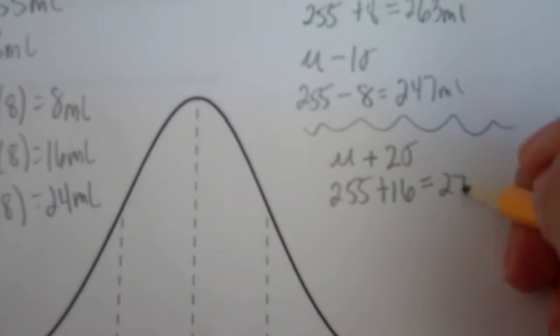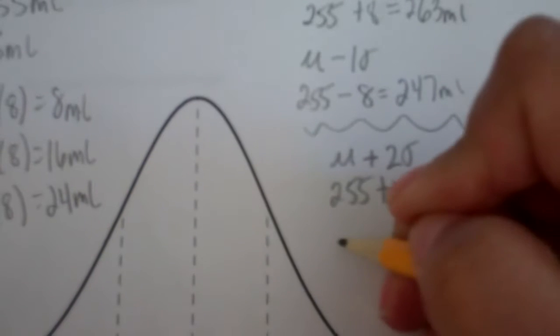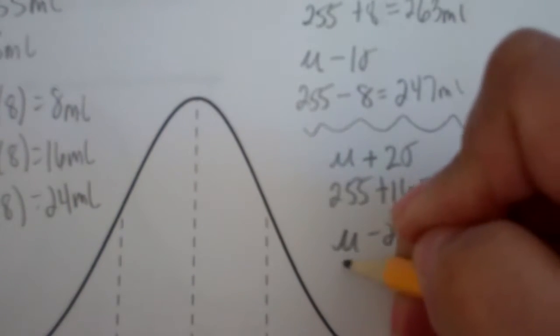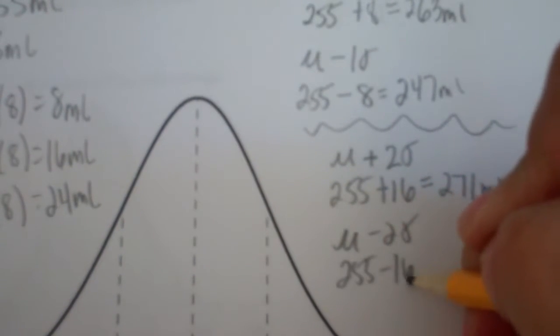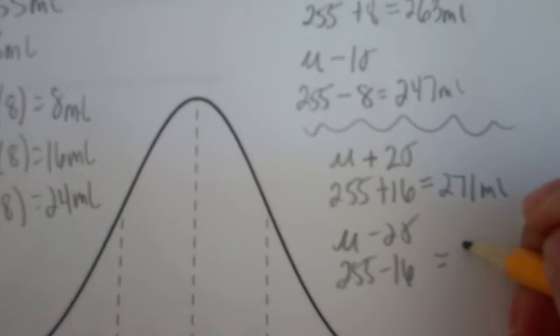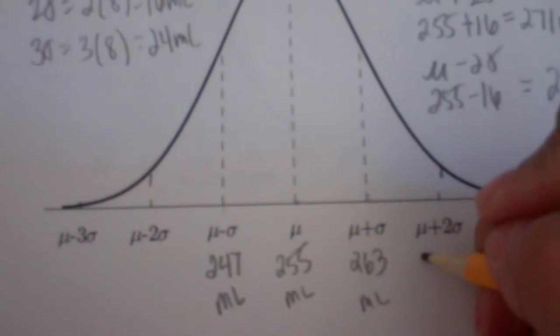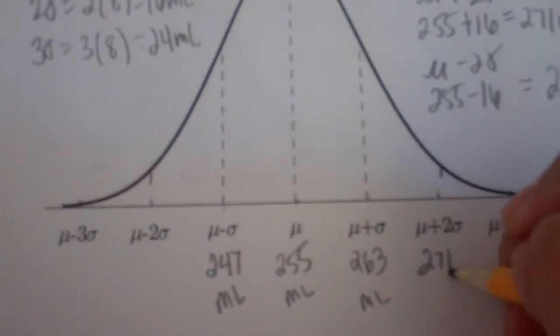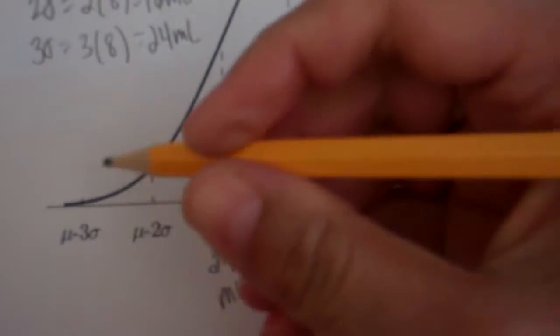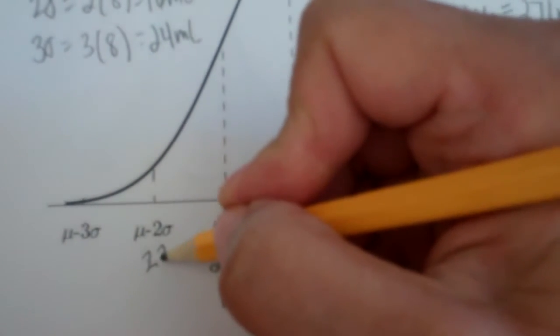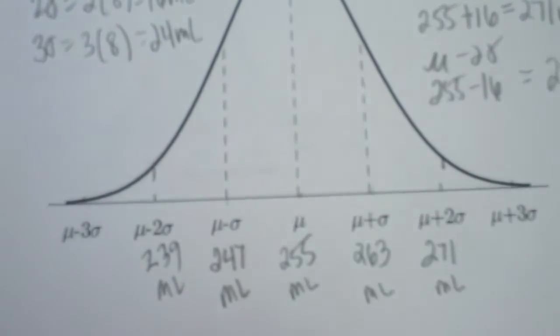And that's going to get us to 271 milliliters. And I'm going to do minus 2 as well. So 255 minus 16, and that's going to get us to 239 milliliters. Filling those numbers in down here, 271 milliliters was our plus, and 239 milliliters was our minus.